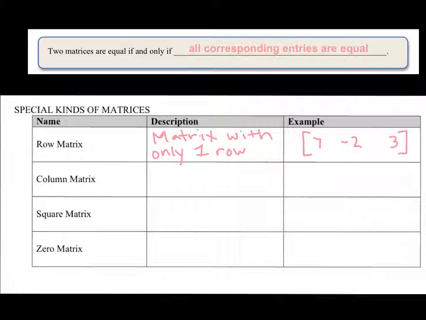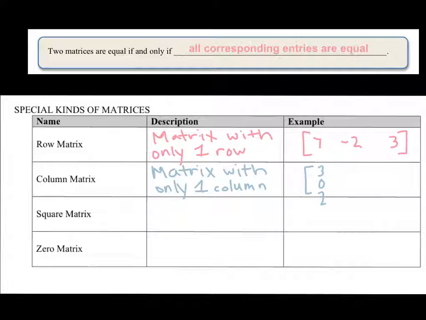Column matrix, again, self-explanatory, but a matrix with only 1 column. And remember, columns are up and down, so that could be like 3, 0, 2.